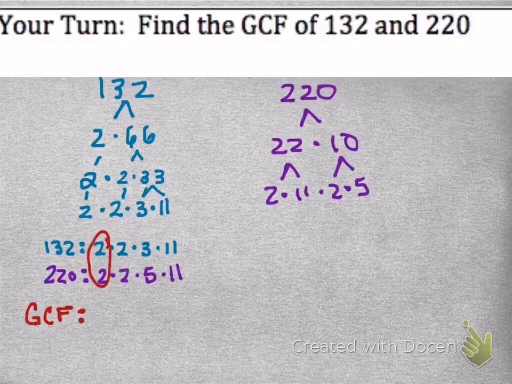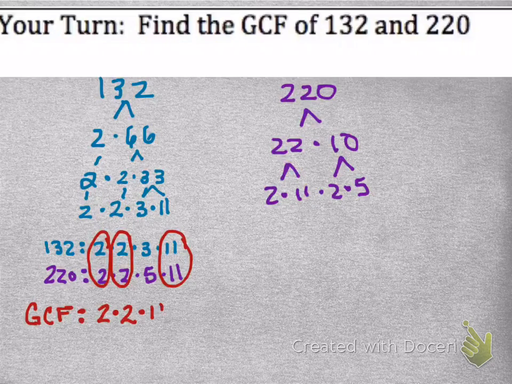So they have two factors of 2 in common, and a factor of 11 in common. And so their GCF would be 2 times 2 times 11. And if I multiply that out, 2 times 2 is 4 times 11 is 44. So the GCF of 132 and 220 is 44.